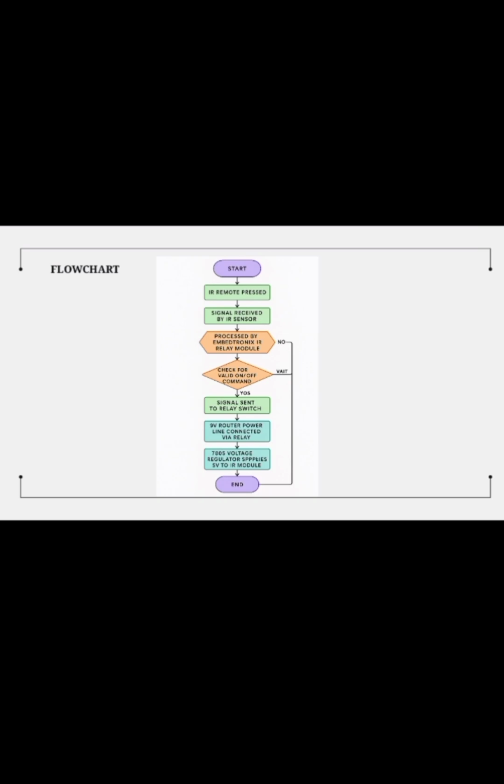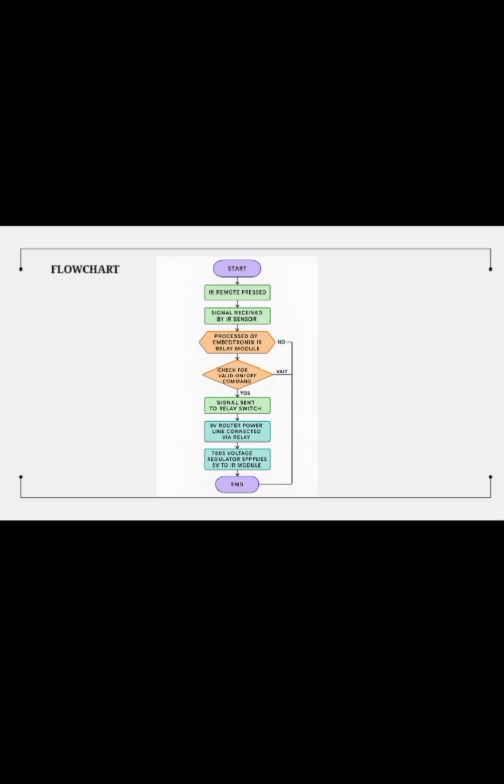If it is in the on position, then it goes yes in the process, and the signal is sent to the relay switch. Then the 9-volt router power line gets connected to the relay, so the voltage passes throughout the circuit. When the IR signal is sent and it turns on, the power supply goes throughout the circuit.